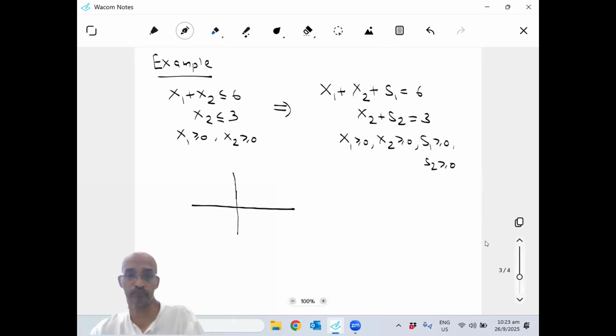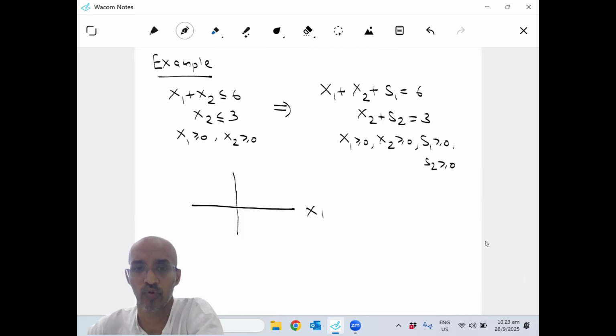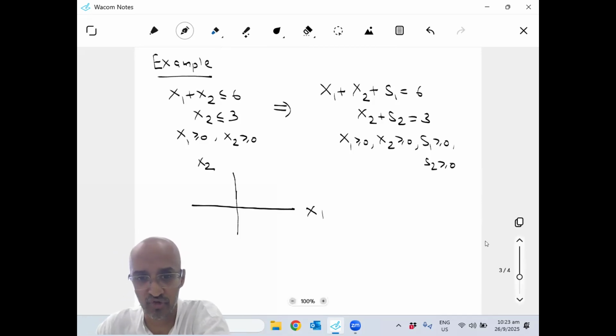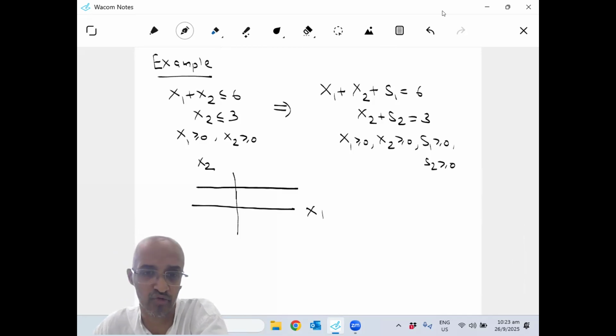So if I was to plot this feasible region for this problem, how will it look? This is x1, this is x2. This is x1 non-negative. This is x2 non-negative.